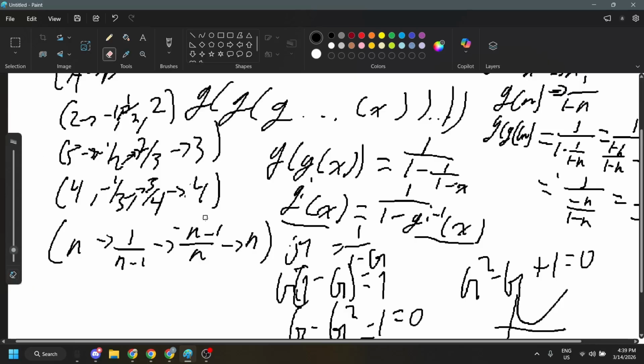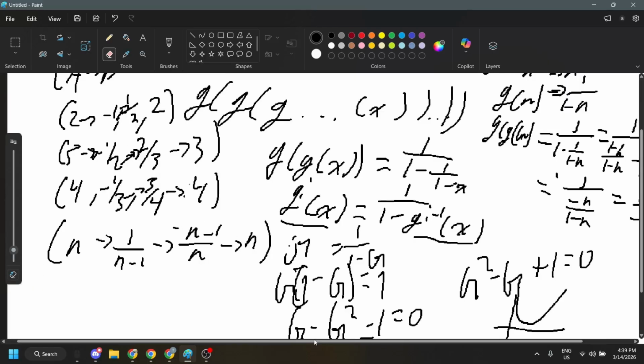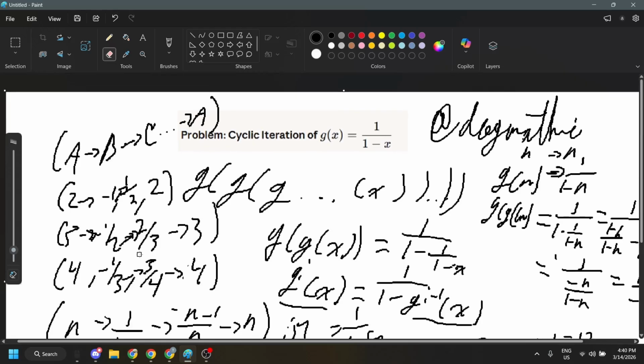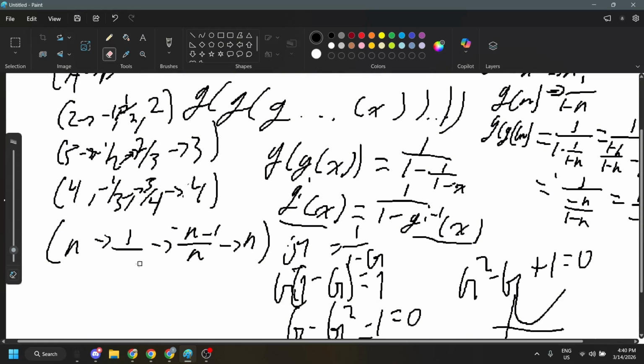Because this doesn't make it negative? Because if I put 4 in here, this should be positive. But if I put 4 in here, oh, 1 minus n. I see. Because it's n minus 1 minus n. Because I made it the denominator negative.